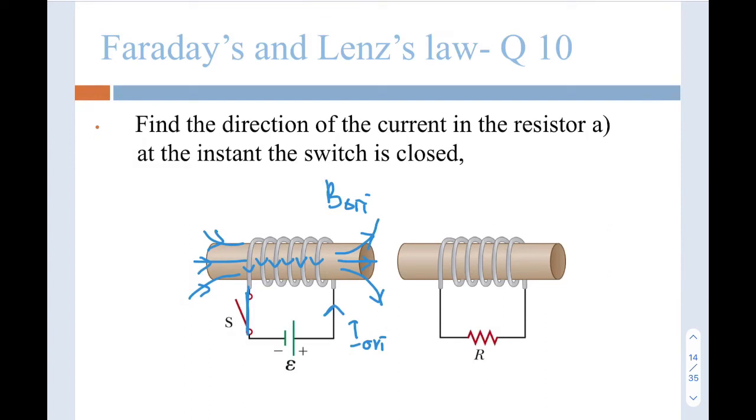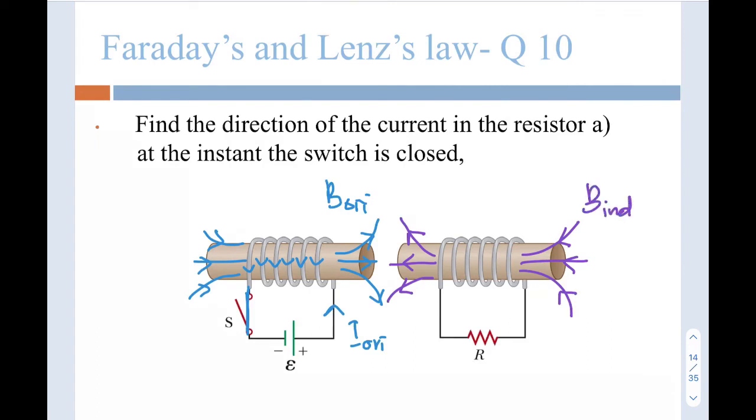The change is increasing, so it is going to produce its own B where the direction must be opposite to the original because it doesn't want change. So this is B induced.